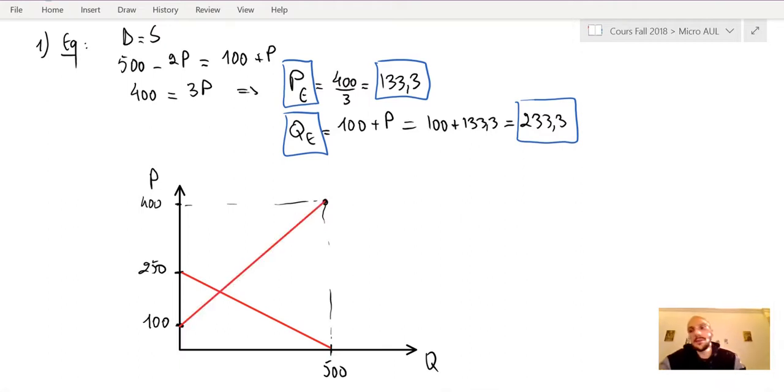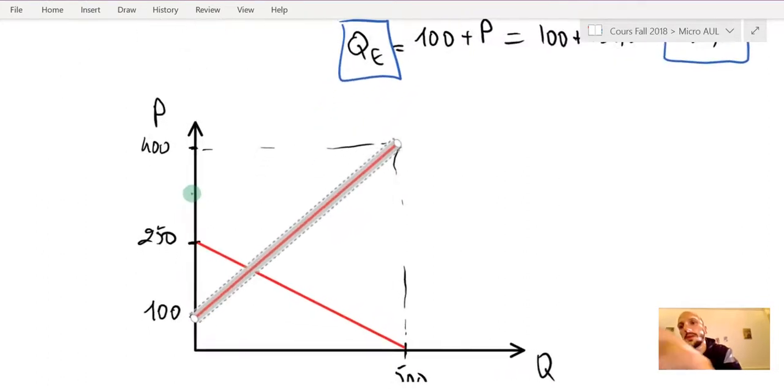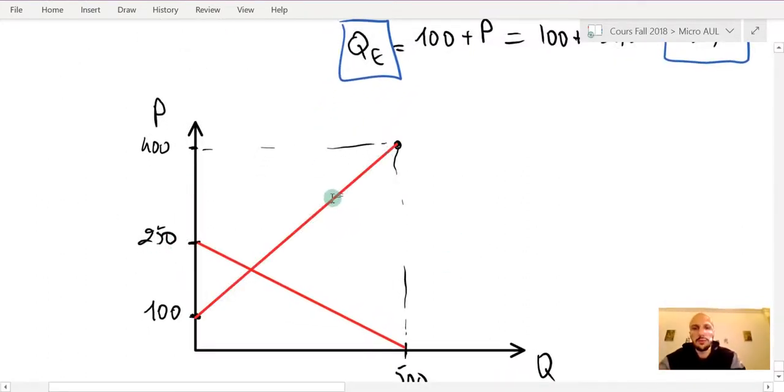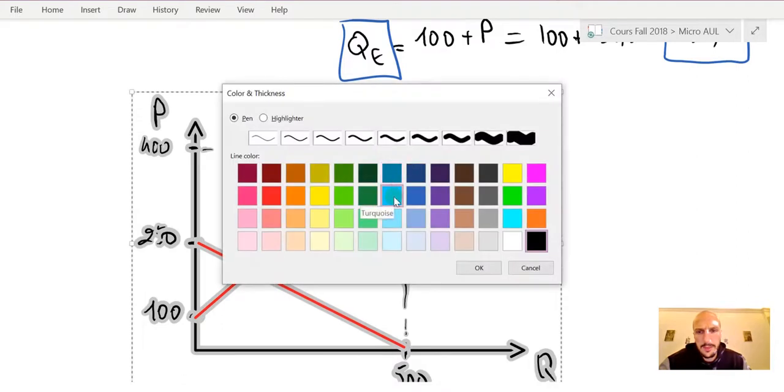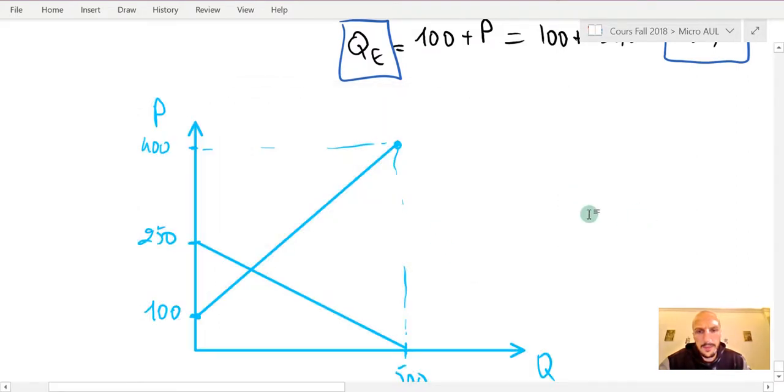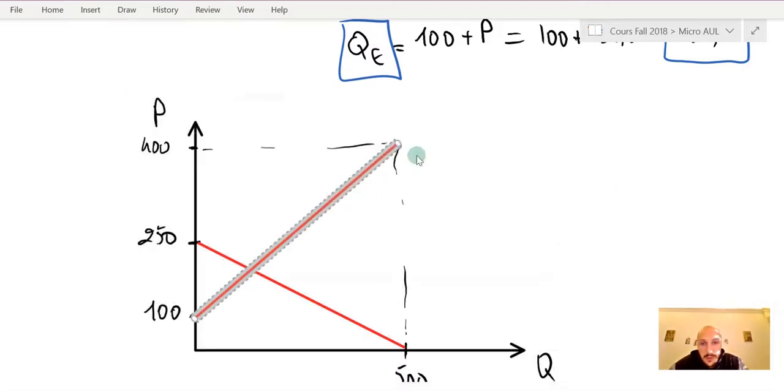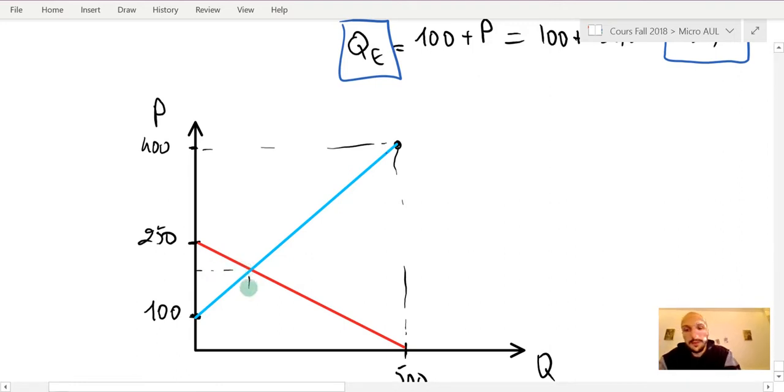So I have the supply, I have the demand, and normally, as we have seen together, the equilibrium. I just need to put this one in blue, please. Great. So now we can say that here we have our equilibrium at price 133 and quantity 233.